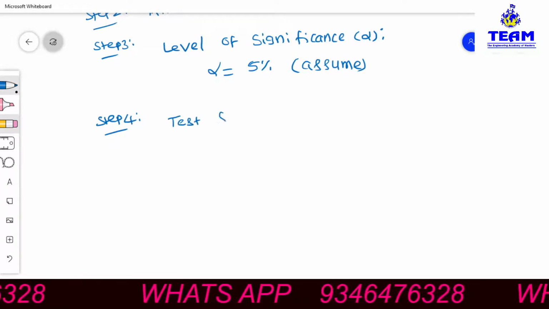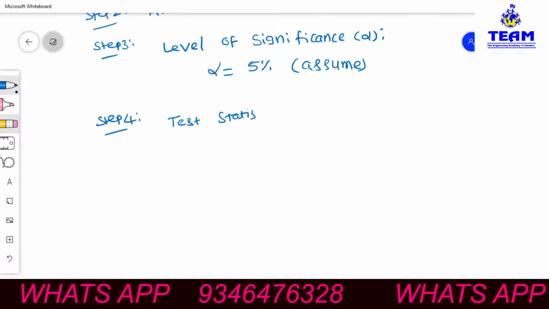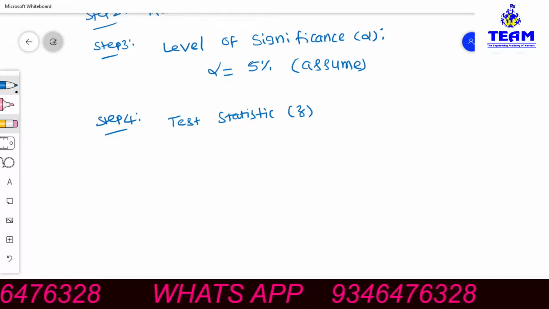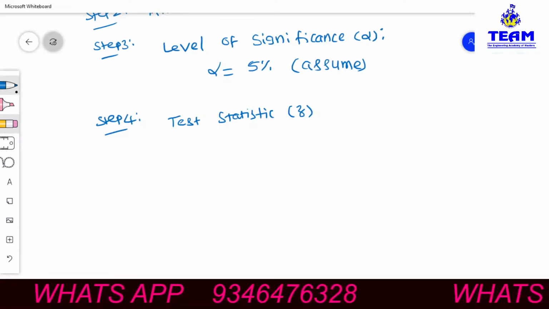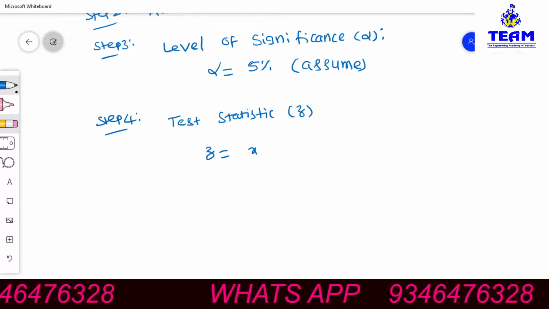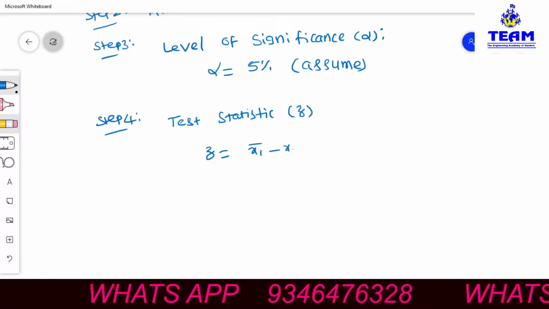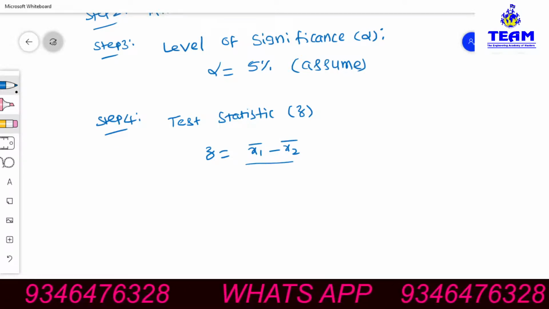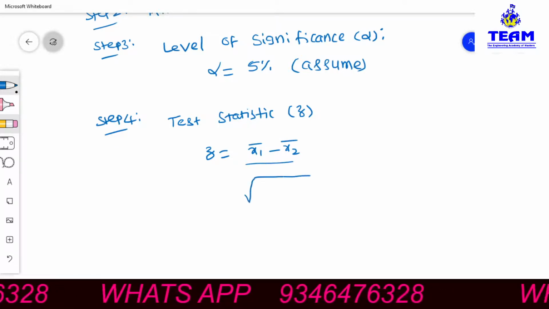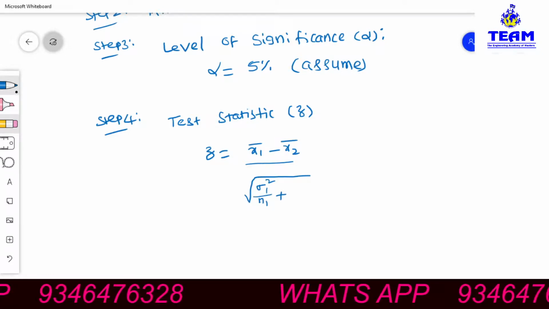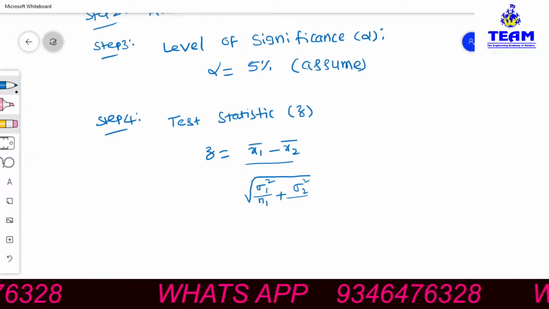This is the test statistic, which is represented with Z. For this difference of means, the test statistic is Z is equal to x1 bar minus x2 bar by under root of sigma 1 square by n1 plus sigma 2 square by n2.